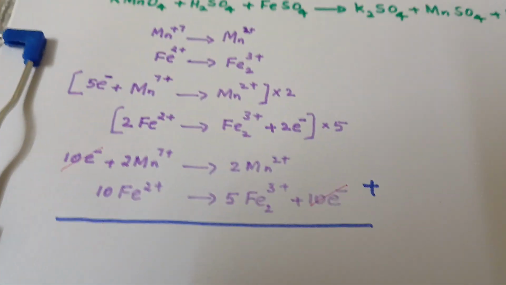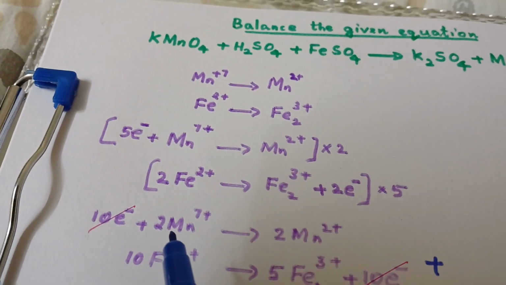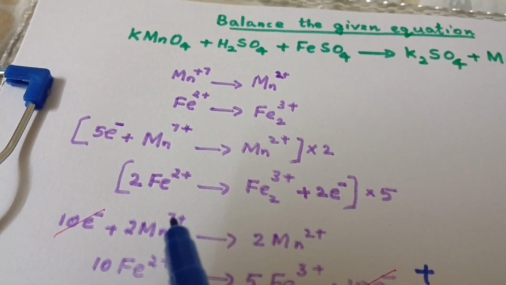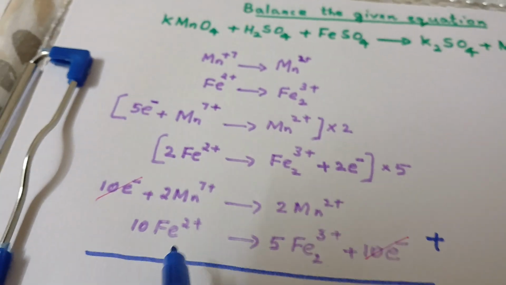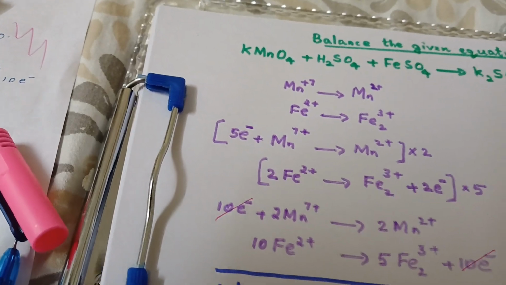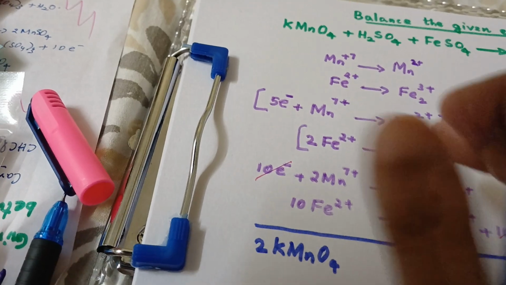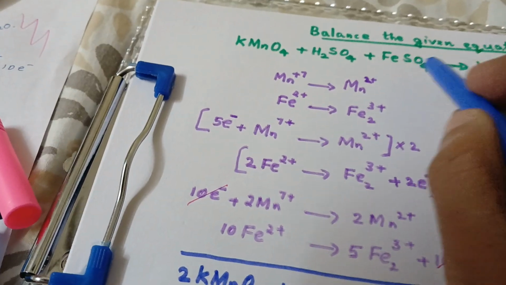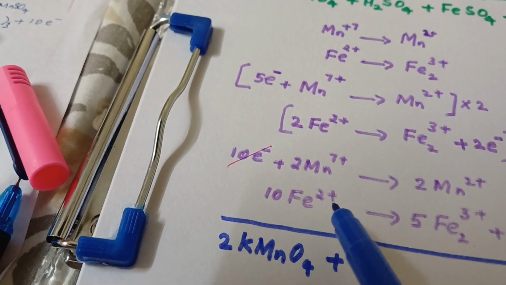Before adding, let us find these entities in the main equation. 2 Mn 7+, we got that from KMnO4. So let us make 2 the coefficient of KMnO4. The H2SO4 term is not in here. Next one is FeSO4, so that is 10 FeSO4.